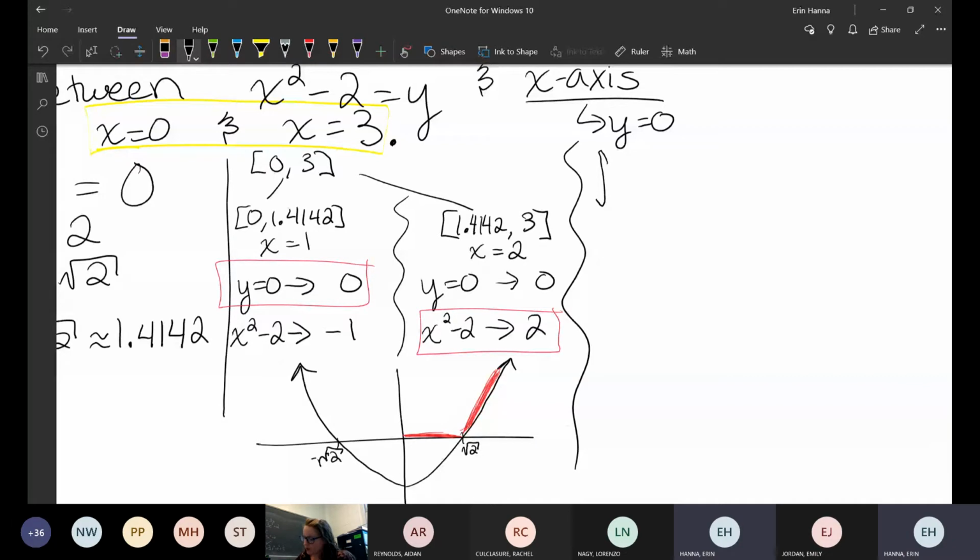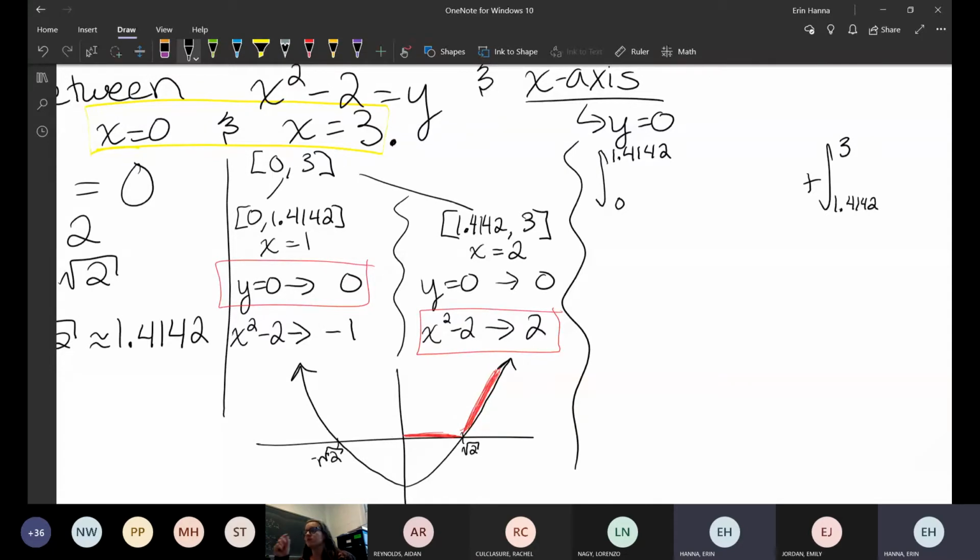So now we're essentially down to doing our integrals. So we have one from 0 to 1.4142, and then we're going to have one from 1.4142 to 3. Top function minus bottom function.